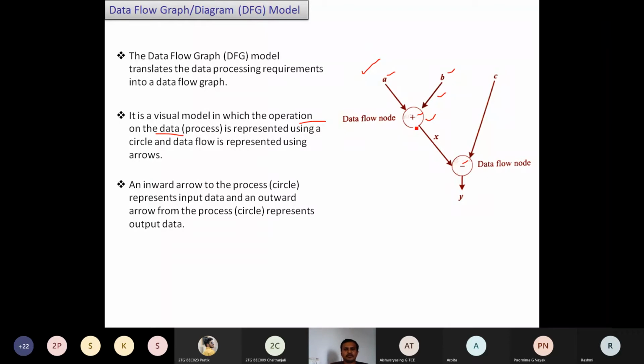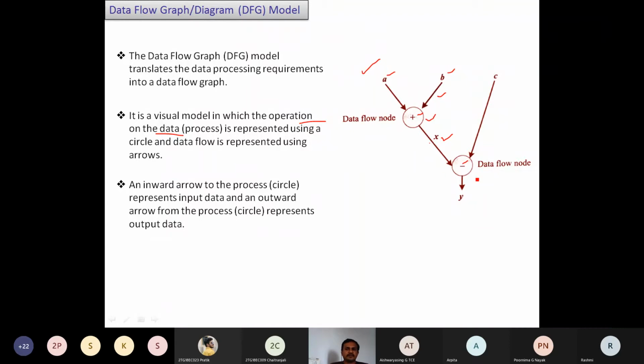Then the outward arrow mark, you can observe the label of that arrow mark, it is X. This arrow mark is coming out from this process, from this circle, and that arrow mark represents the output data. So depending upon the arrow, we define the data as input or output with respect to the respective process, that is nothing but a circle.